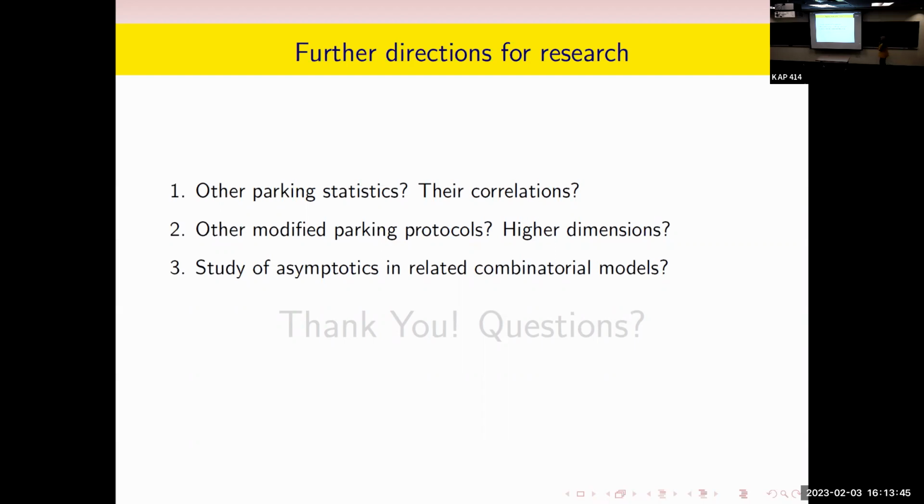So for example, if you have 1, 2, 2, 3, and the parking outcome is 1, 2, 3, 4, then the total displacement would be 1 minus 1 plus 2 minus 2 plus 3 minus 2 plus 4 minus 3, which is equal to 2.